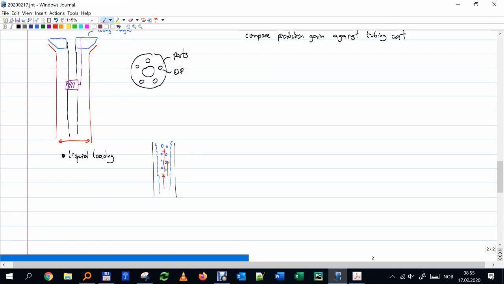So to lift this liquid to the surface, I need a minimum gas velocity. Usually the velocity of the gas, we call it superficial velocity, is defined as the rate of gas divided by the cross-section area, the local rate of gas.